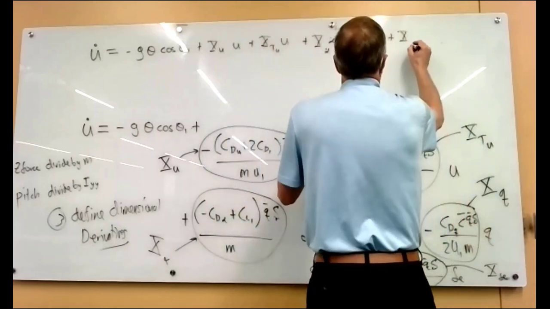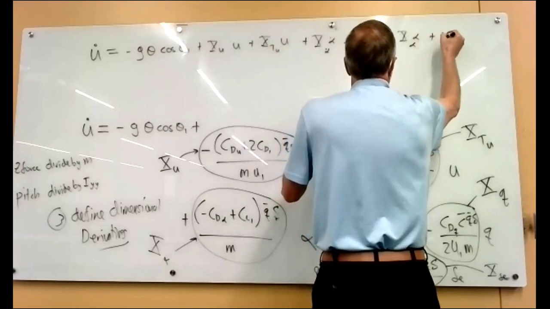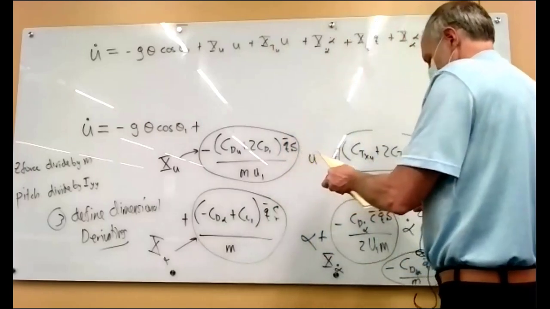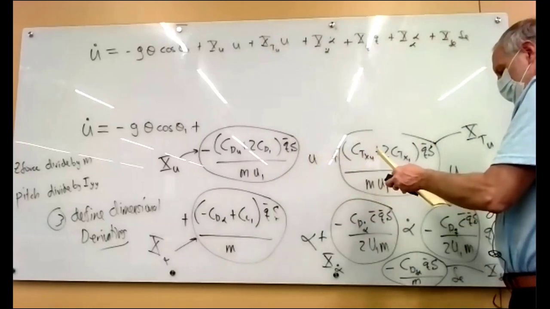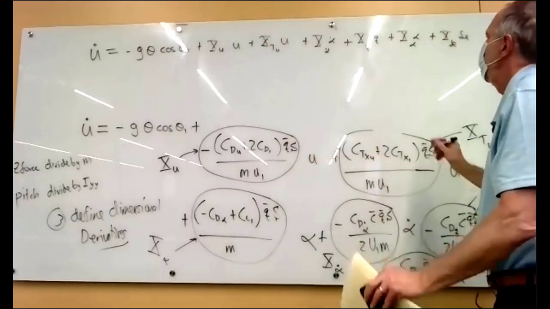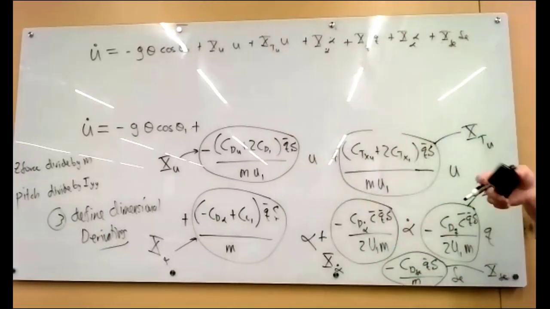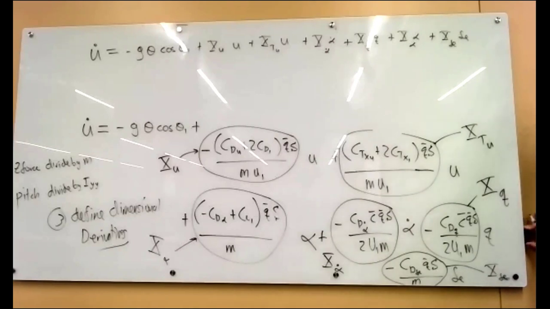I lost alpha. There's alpha. And in the book, these are gone, the alpha dot and the q, because he says those are small, but not in the z-force equation. Those dimensional derivatives, in case you ever forget what they are, are in a nice table in your book as well.